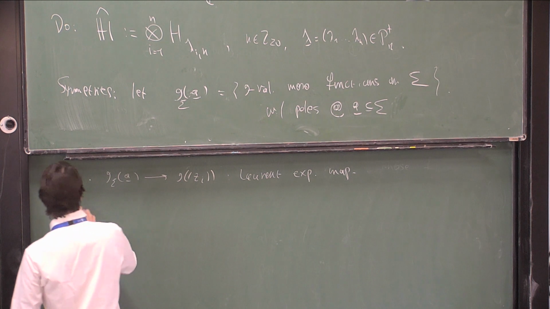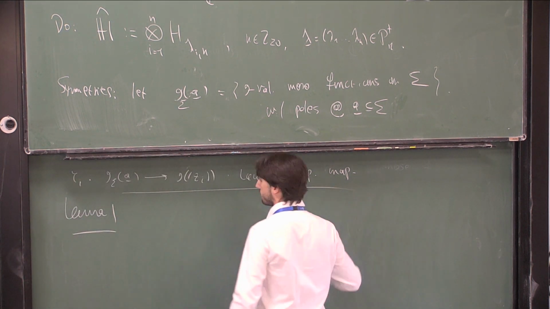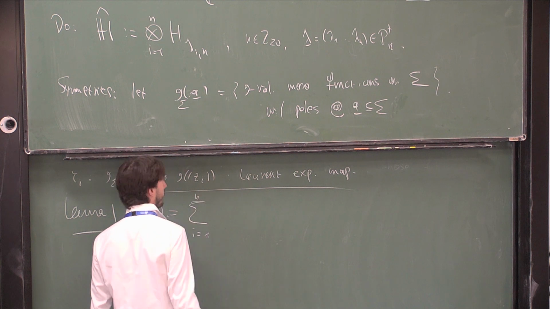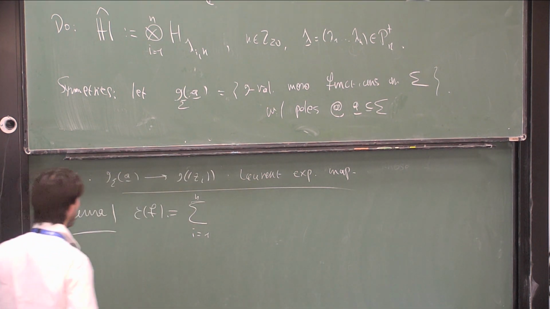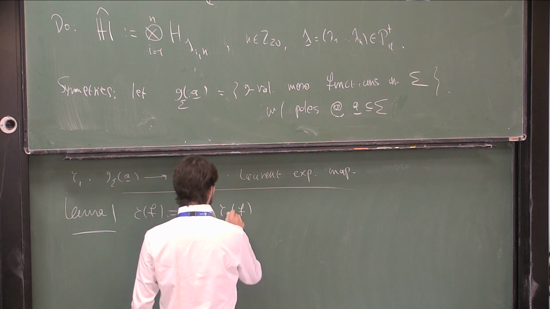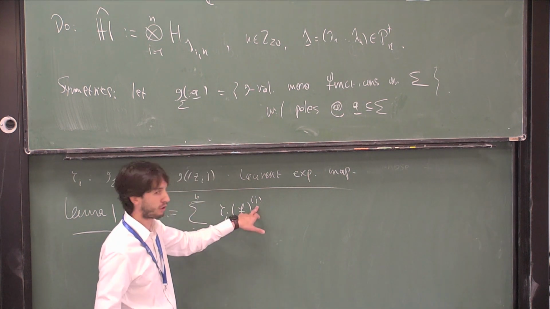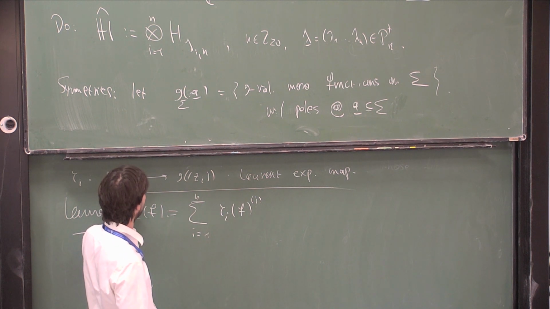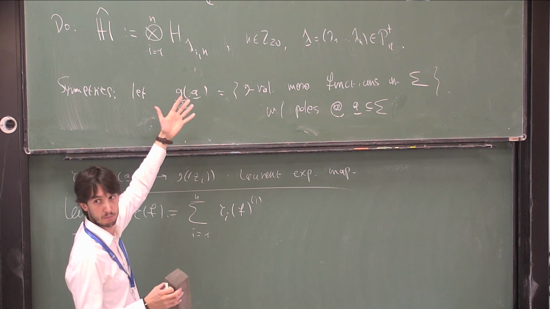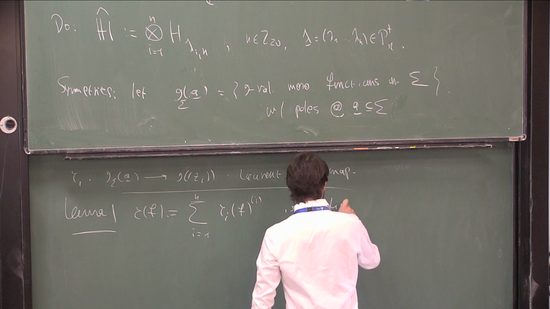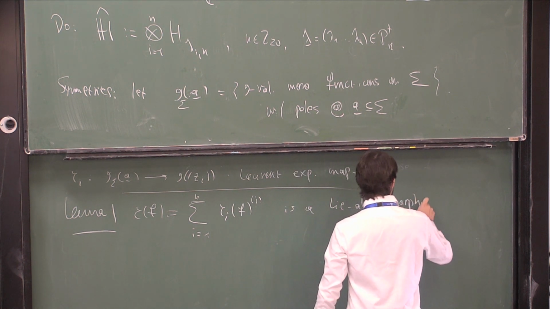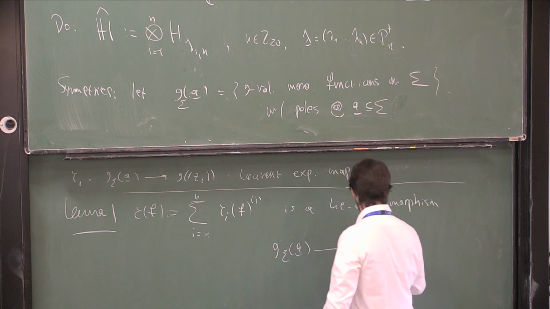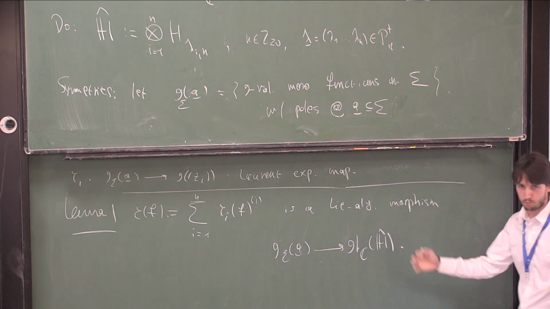And then there is this lemma, which is that if I define tau of F to be the sum over all marked points of this Laurent development of F, which I then let act on the ith slot of the tensor product, this defines a morphism of algebras from this to the endomorphisms of the tensor product, and this is a Lie algebra morphism from G sigma A underlined into the Lie algebra of endomorphisms here equipped with the commutator.